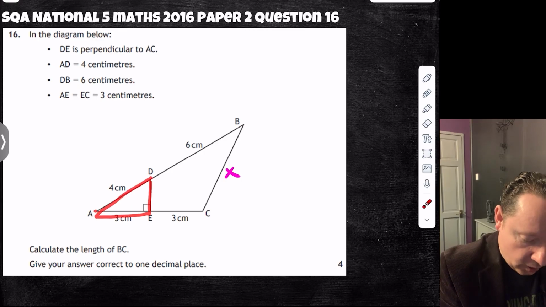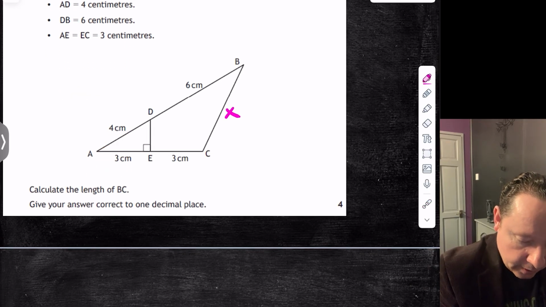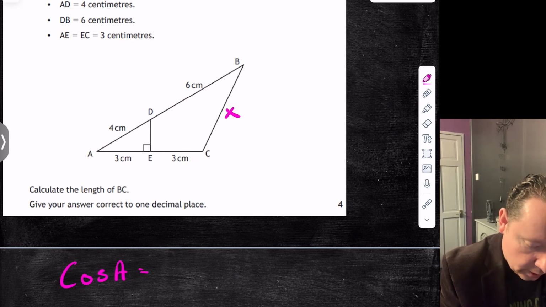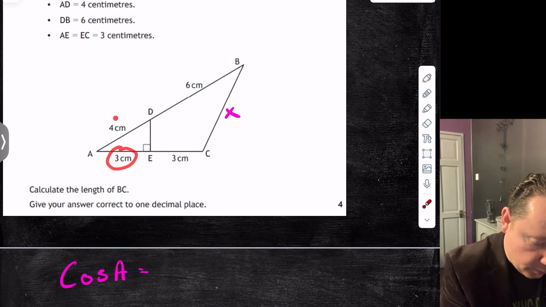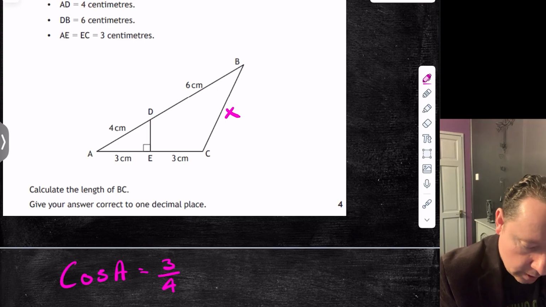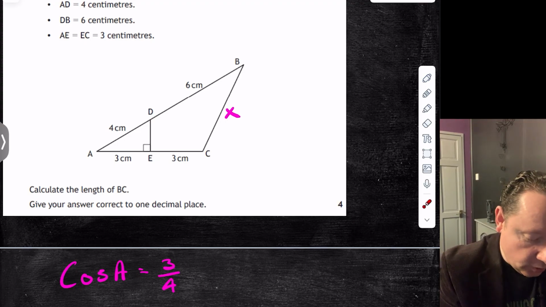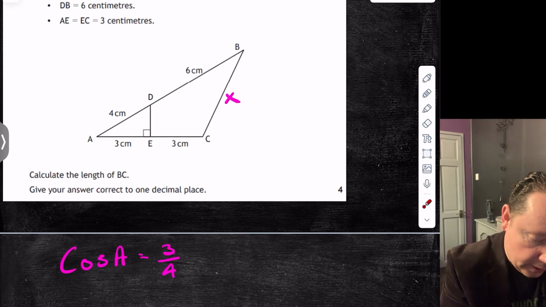So if I call that cos A, then cos A is equal to adjacent, which is 3, over hypotenuse, which is 4. So that's 3/4. The other way you could have got that would be to use the sine rule twice, but that's the simplest way. So now if that's A, my little x has become little a.